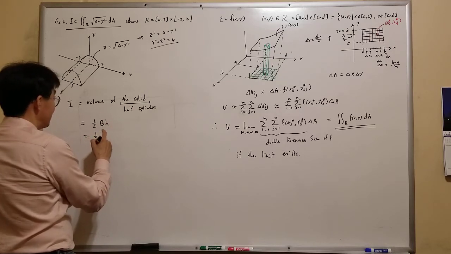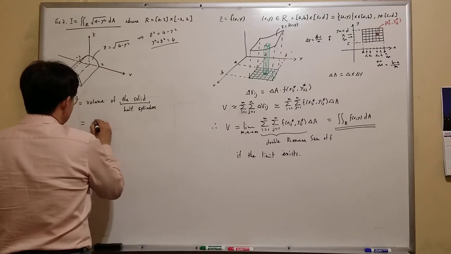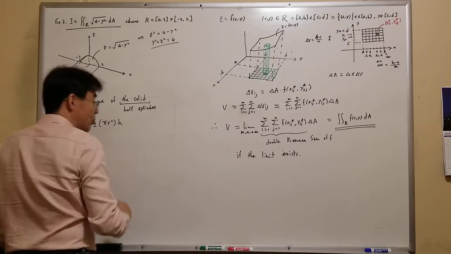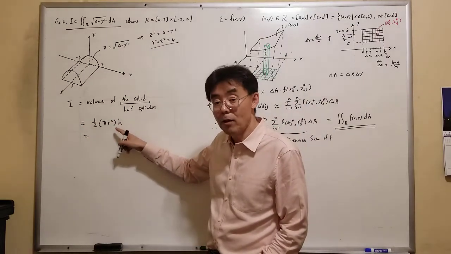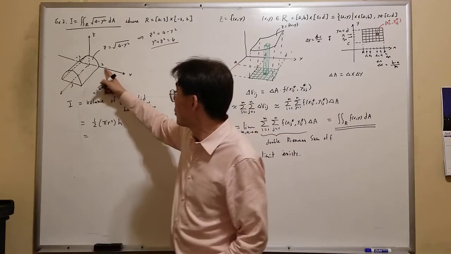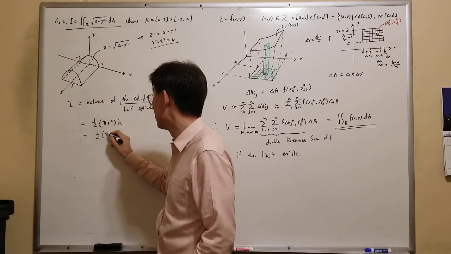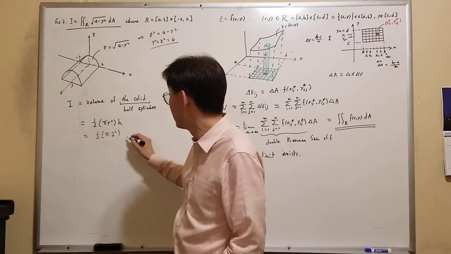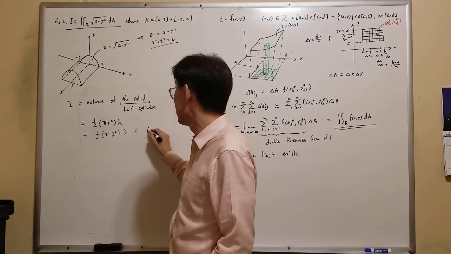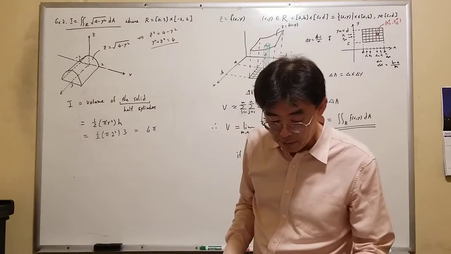Half times pi r squared h, right? That's the volume of the cylinder. The cylinder radius is 2. Height is 3, right? So it's 6 pi. So that will be exactly 6 pi.